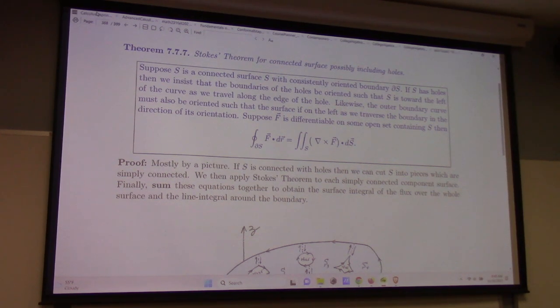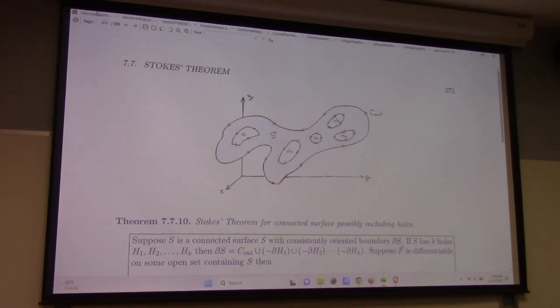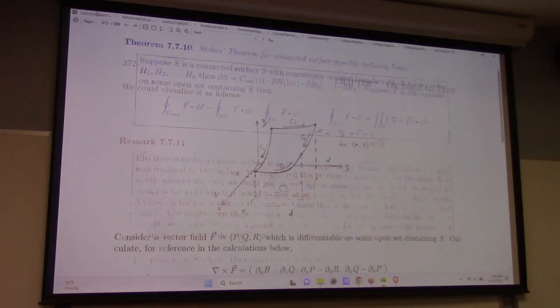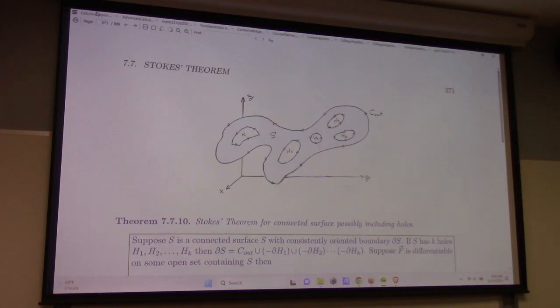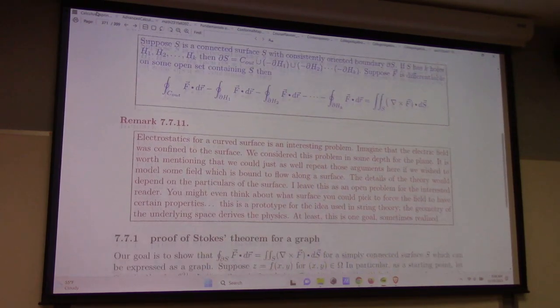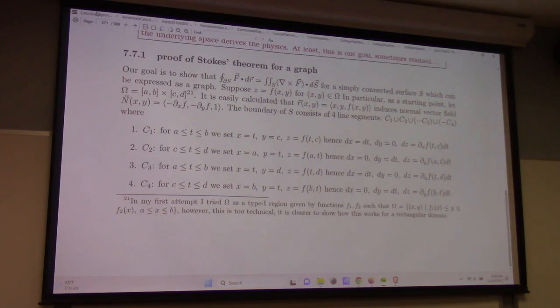Yeah, let me skip ahead for a second here. So I wanted to look at proofs. I wanted to look at Stokes' theorem's proof for a graph at the moment.